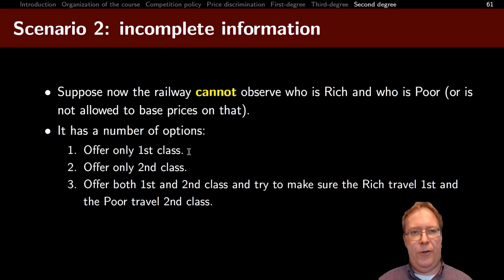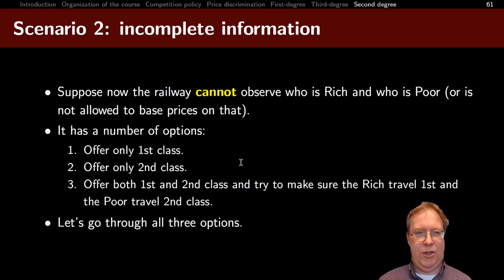It can only offer first class, it can only offer second class, or it can offer both first and second class, but try to tweak prices such that the rich travel first and the poor travel second. What is the best thing to do? To find out, we simply have to go through all these options.